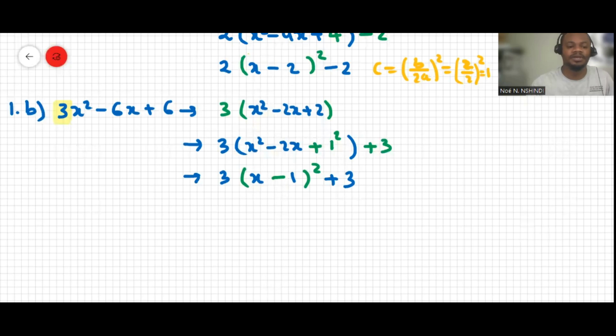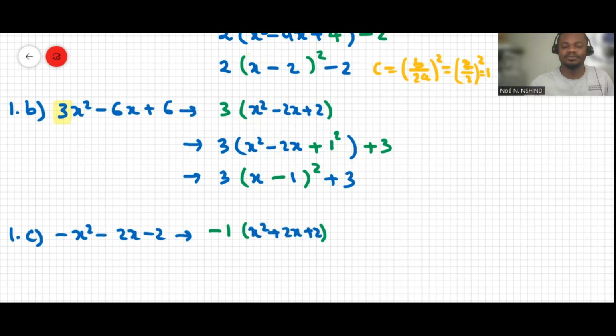Next question will be 1C. That says negative x squared minus 2x minus 2. In this case, I will take negative 1 for common factor. And then this will be x squared plus 2x plus 2.